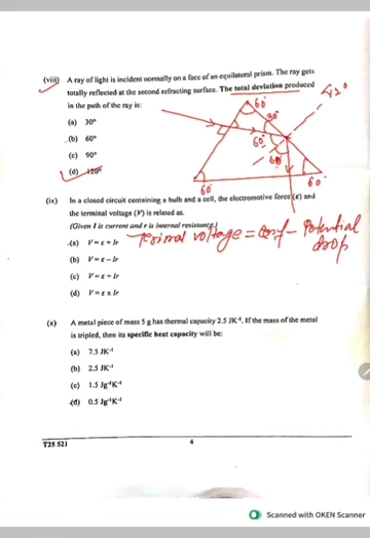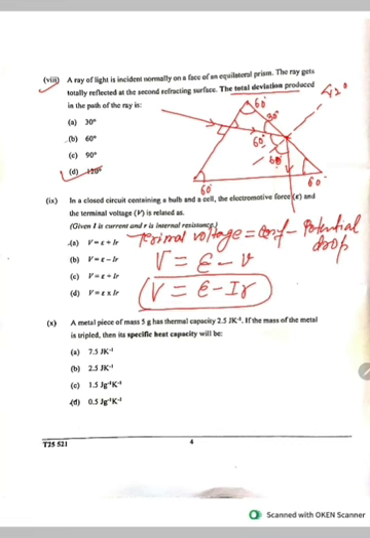So V terminal voltage will be equal to epsilon minus small v, that one is the potential drop, or we can write capital V is equal to epsilon minus I into R, where I is current and R is the internal resistance of the cell. So here the correct option is B.